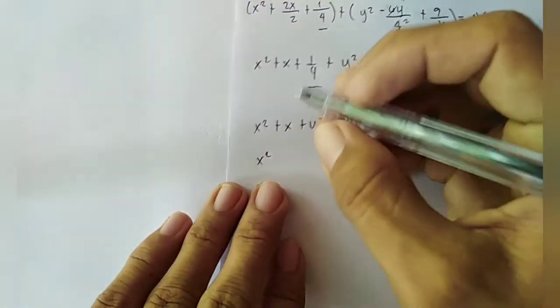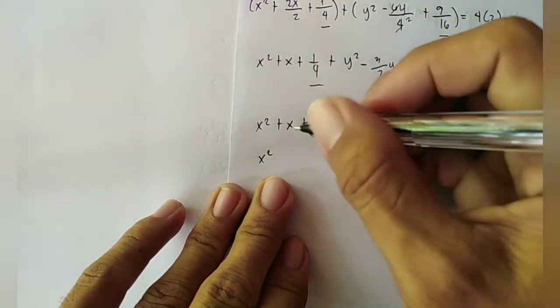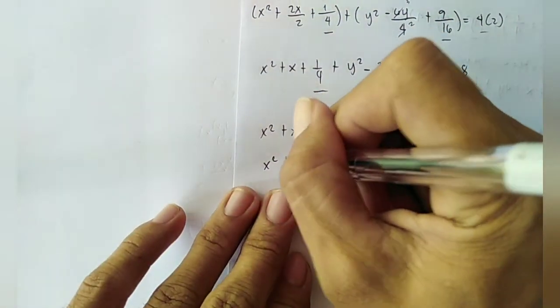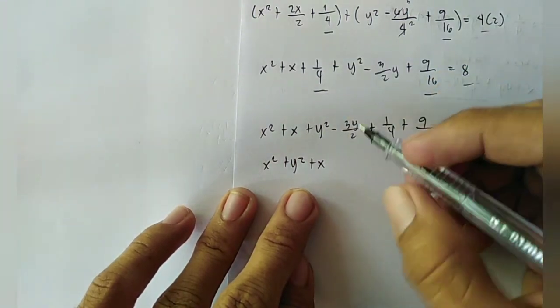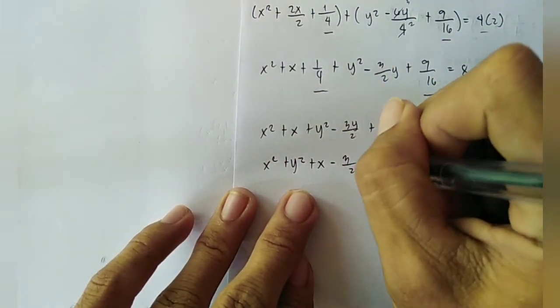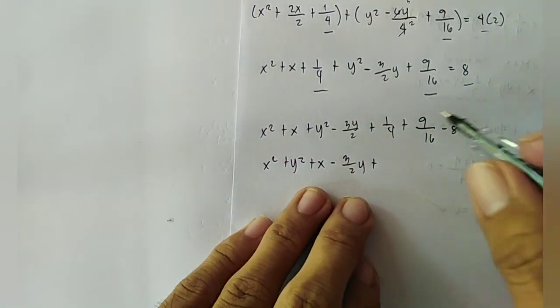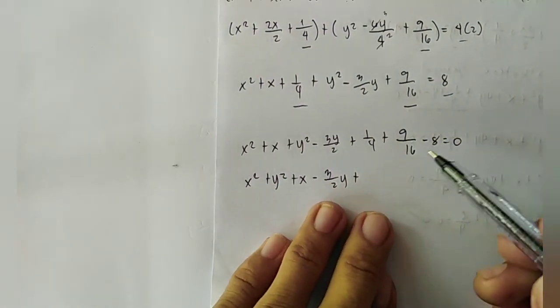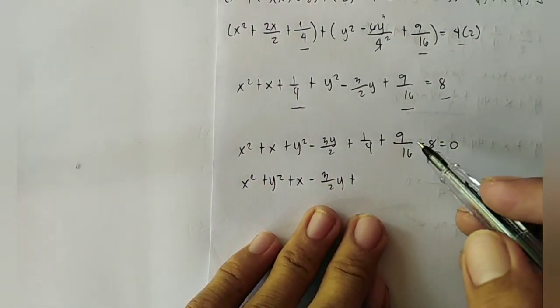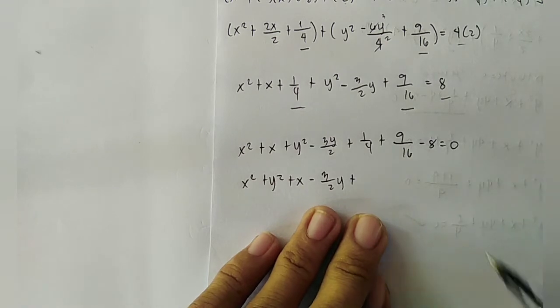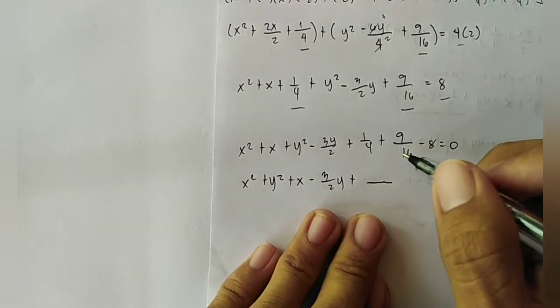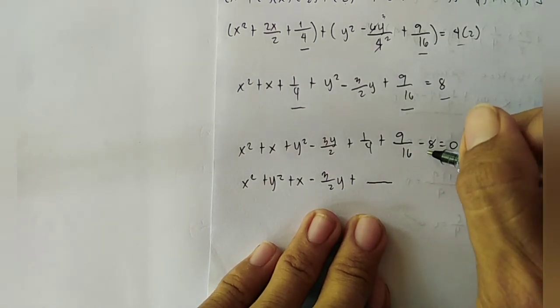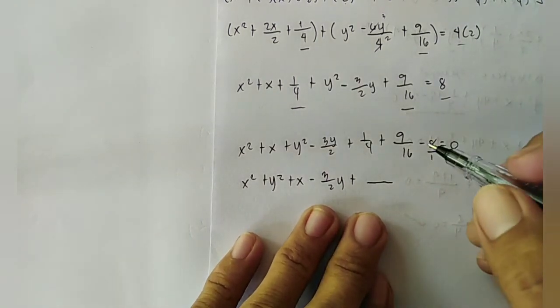So writing the correct way of writing the general form of the equation of a circle, we'll get x squared plus y squared, then followed with x plus x, then y minus 3/2 y, then plus the constant. So we have here now 1/4 plus 9 over 16 minus 8. So we have to get the LCD. So the least common denominator between 1/4, 16, and negative 8. So negative 8 is automatically over 1. So it is 16.